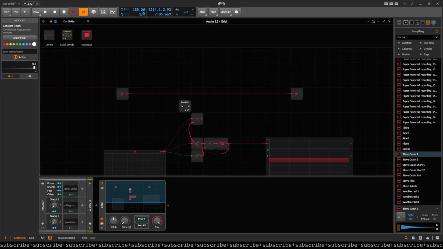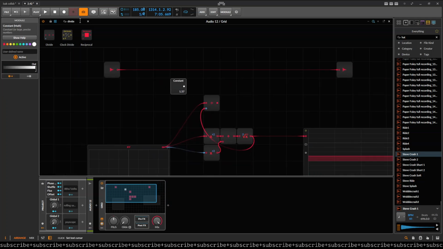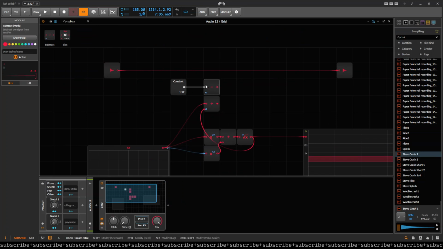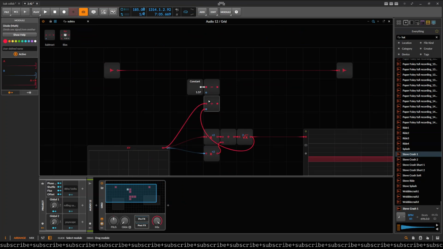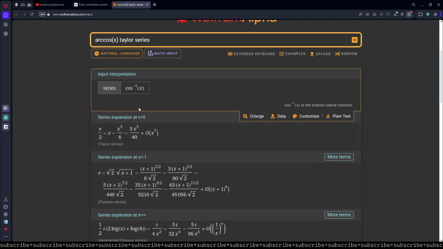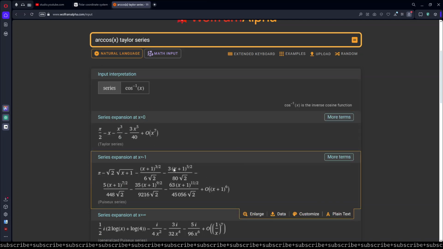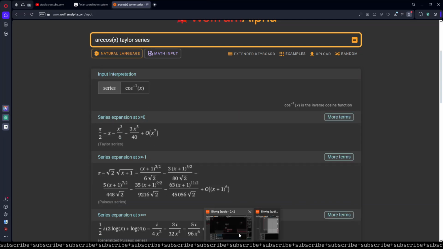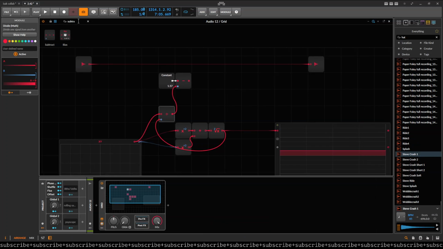And then we need to subtract this x coordinate over r from our pi over 2. Now next thing, we need to also subtract x times x times x over 6. So let's just do that.